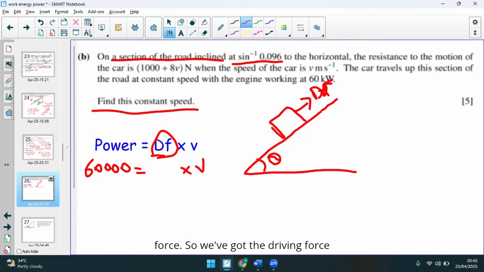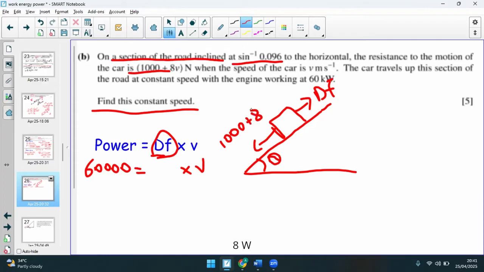So we've got the driving force there. That's your driving force. And the resistance to motion is here, 1000 plus 8W.